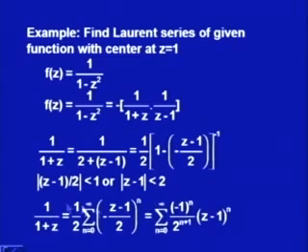So, to do this we write 1/(1+z) is equal to half of the summation of (−(z−1)/2) raised to power n, where n takes values from 0 to infinity. So, we have expressed this in compact form, and we will simplify it to summation n = 0 to infinity of (−1)^n times (z−1)^n divided by 2^(n+1).